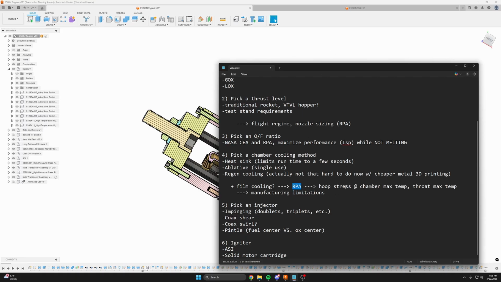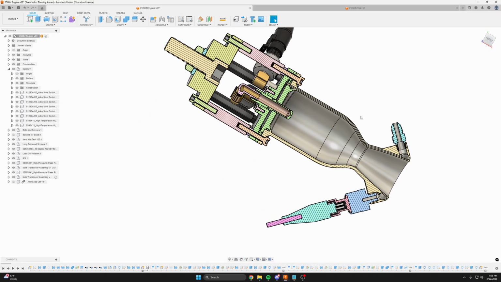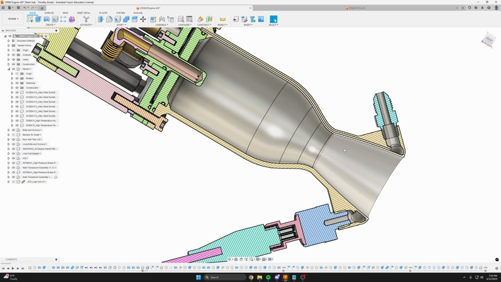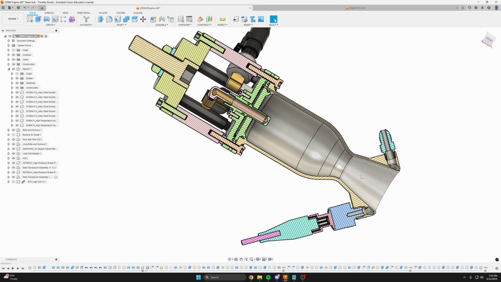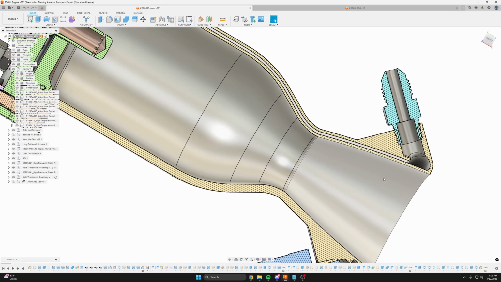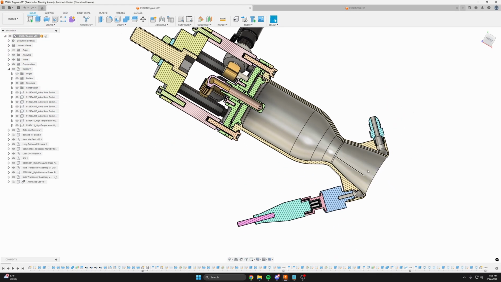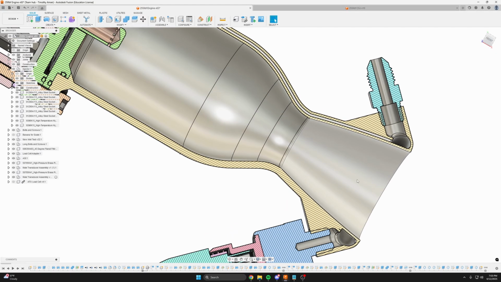And what drives that, the way I think about it, is the hoop stress at a few locations. In the nozzle, in the expanding portion, the temperature and pressure drop, so this is probably not your worst case.